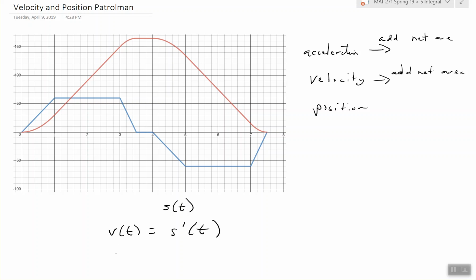And then v prime of t, which of course is s double prime of t, gives us, we found out, acceleration. Okay, so we went from position to velocity to acceleration, and each time we just took the derivative.